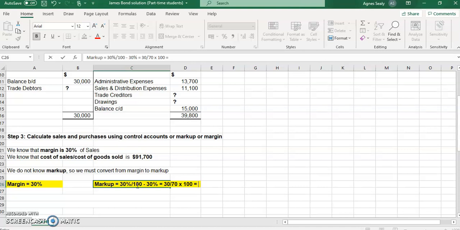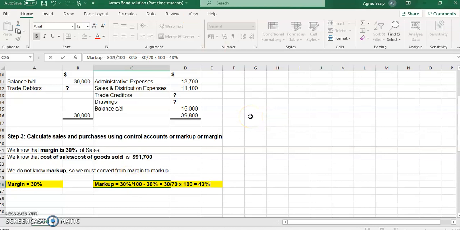We can round that to about 43%. So let's say that our markup is 43%. 30 divided by 70 multiplied by 100 is 42.85%, and we round it to 43%.